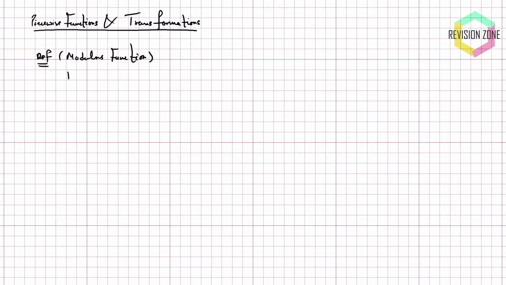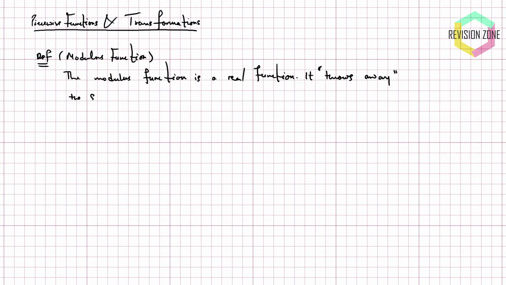It's a real function, a mapping, if you will, and it basically throws away, in inverted commas, the sign of a number. Notationally, we write it with two vertical lines like that.